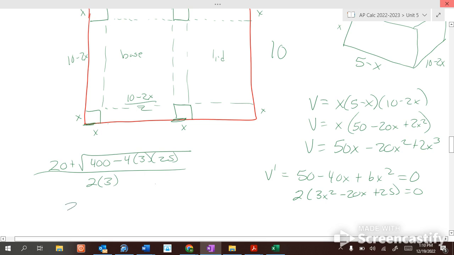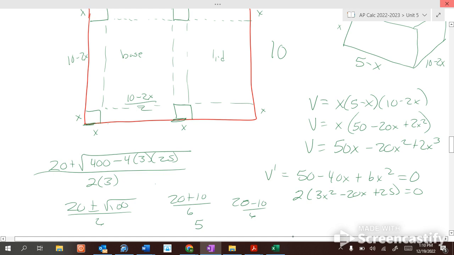Yes. So it's 20 plus or minus the square root of 100 over 6, which is 20 plus 10 over 6, or 20 minus 10 over 6. 20 plus 10 is 30 over 6, which is 5.